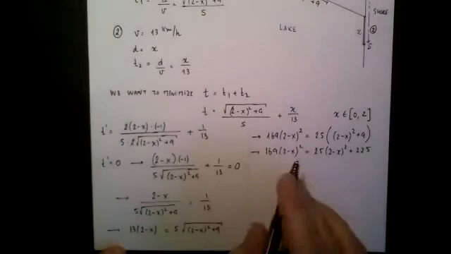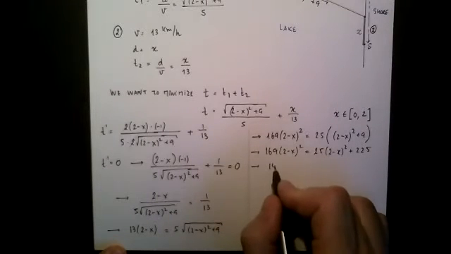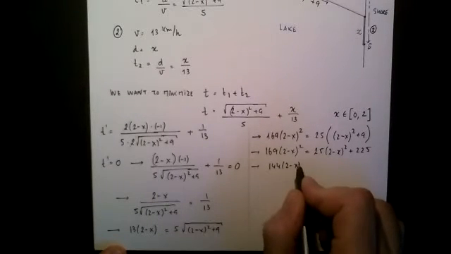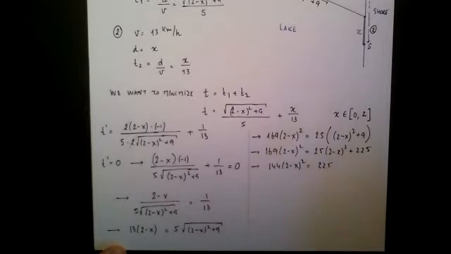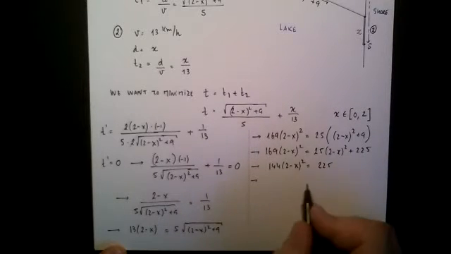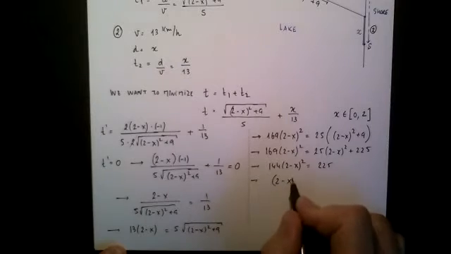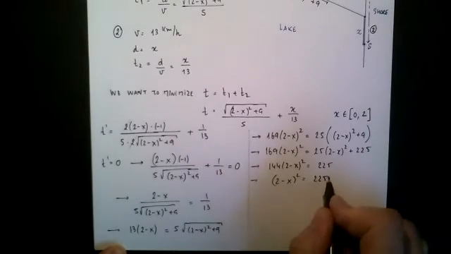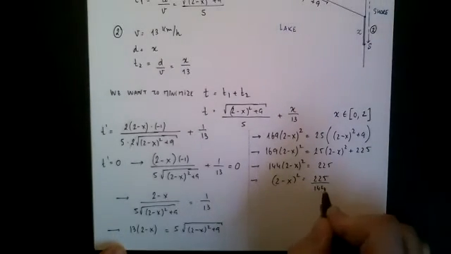Send everything to the left, so I get 144 times (2 minus x) squared equals 225. And divide, so (2 minus x) squared equals 225 over 144.